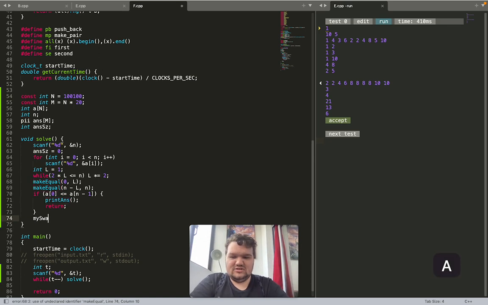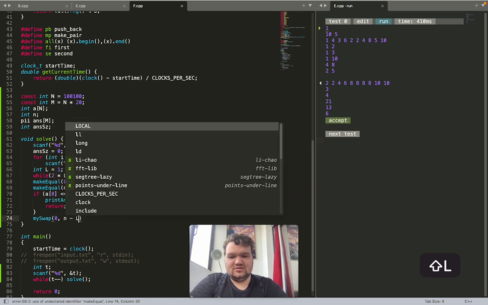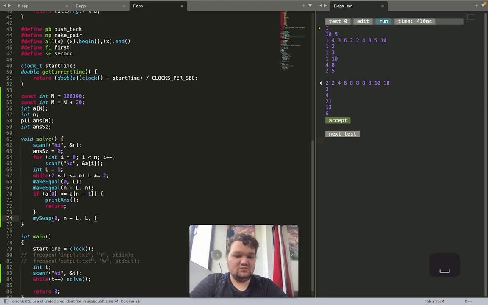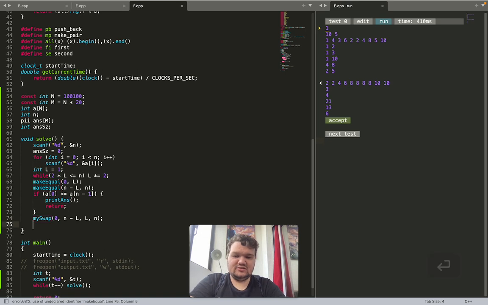Okay, so my swap 0 and minus L. So swap this segment of equal elements with this segment of equal elements, and then print ans.